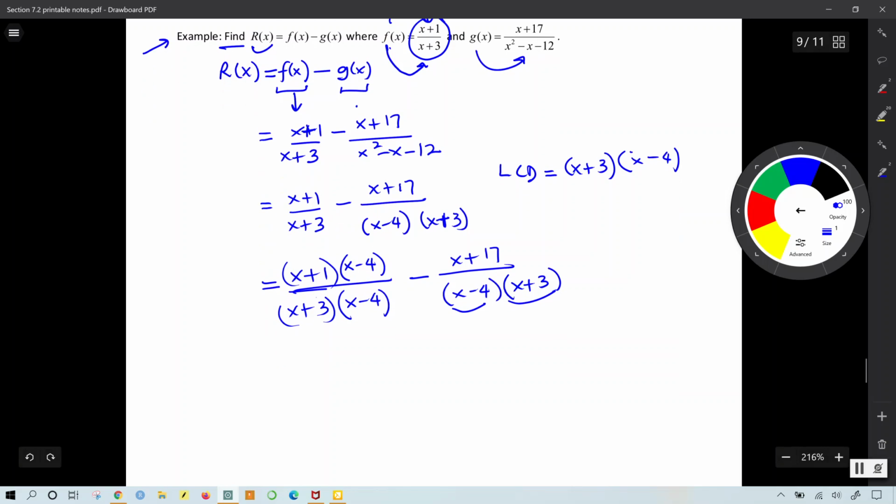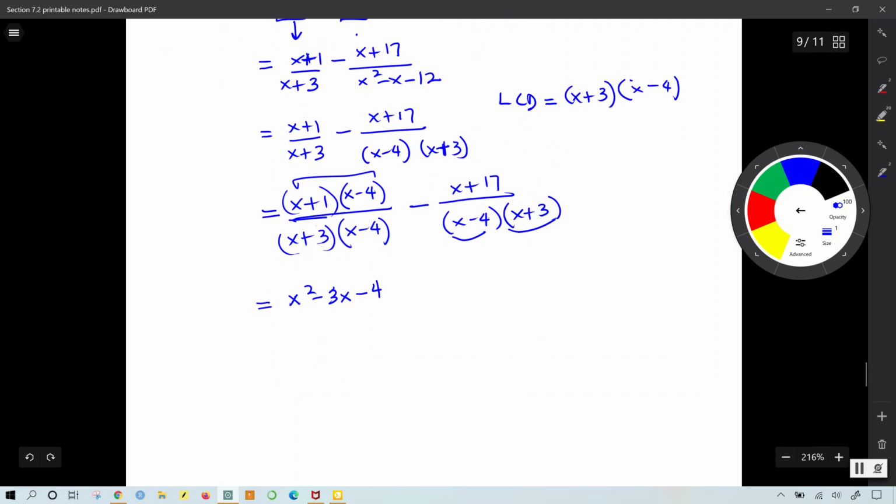And so that means that it does not need any extra help. With that said, we are ready to go. If we multiply this, or expand it, or FOIL it, we're going to get x squared minus 3x minus 4, minus x minus 17, all divided by the same denominator, or the LCD.